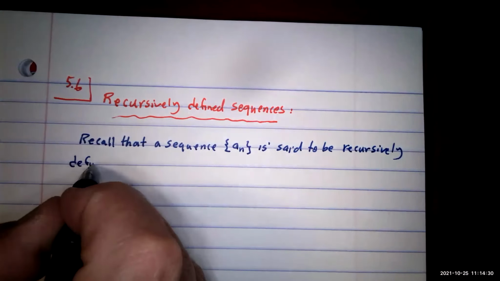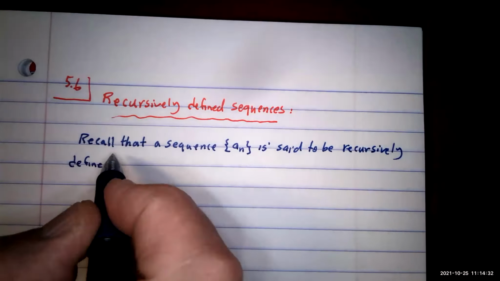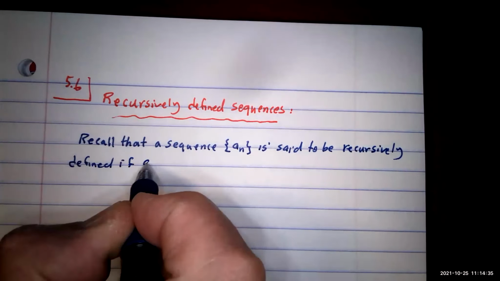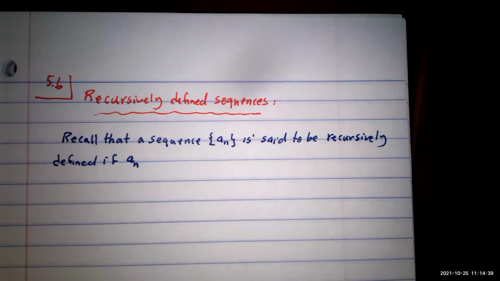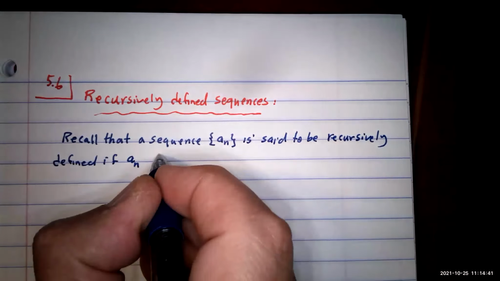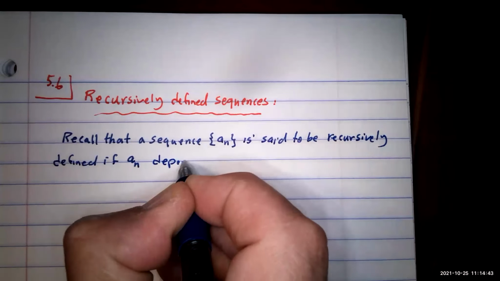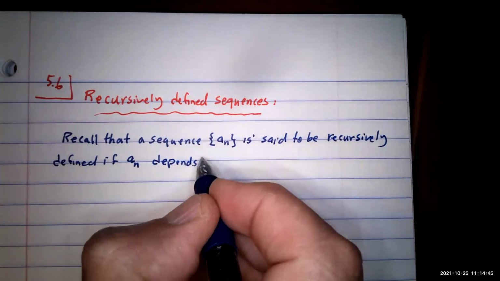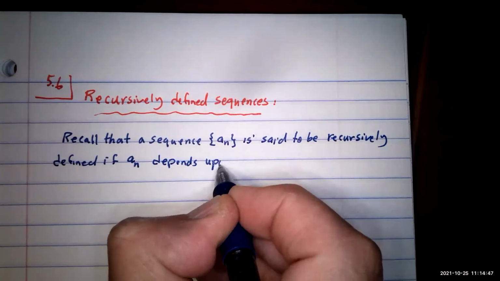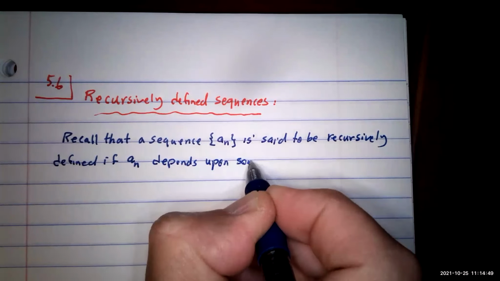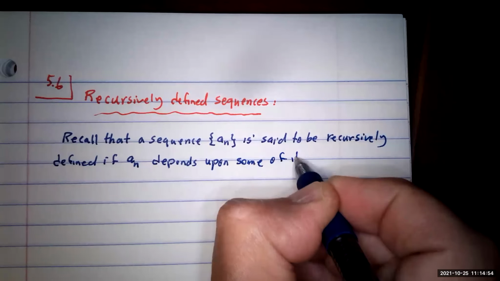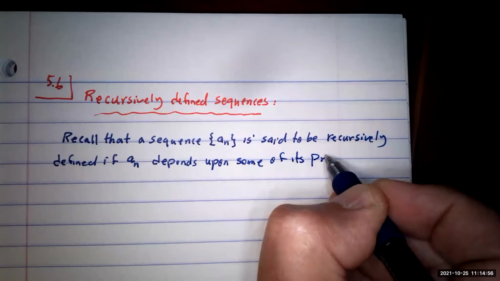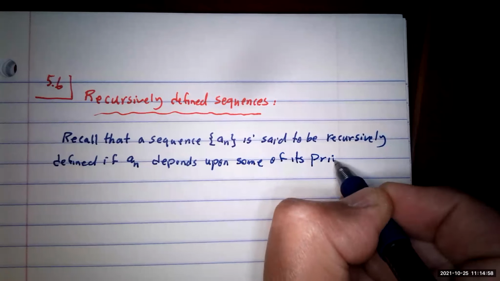Recursively defined if a_n, the general term, is defined in terms of some other terms. This depends upon some of its previous or prior terms.